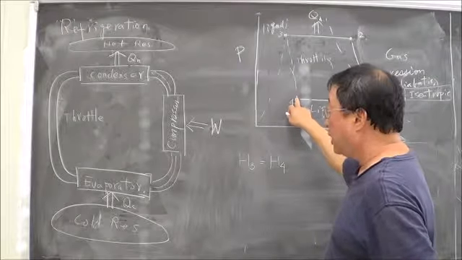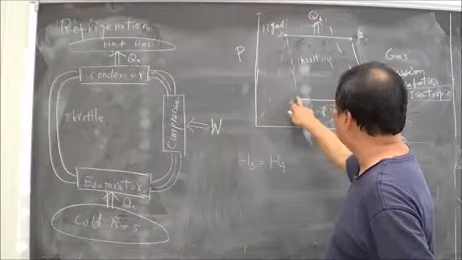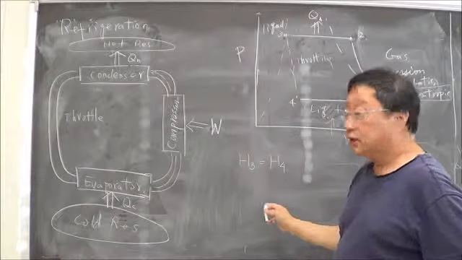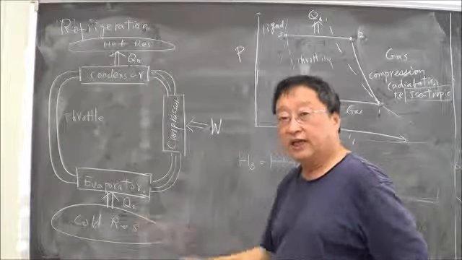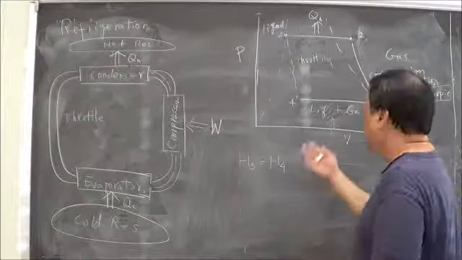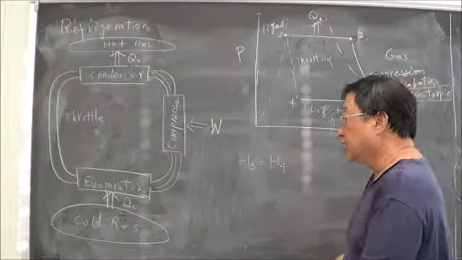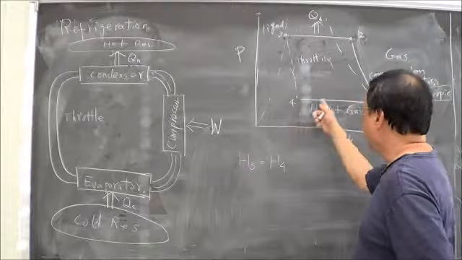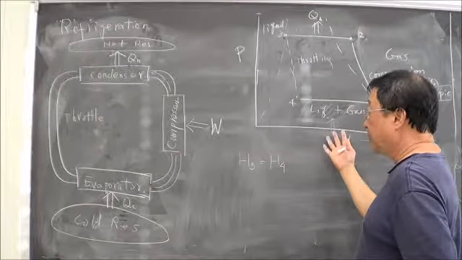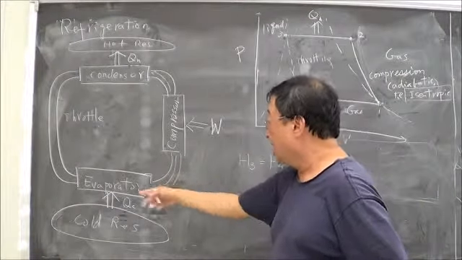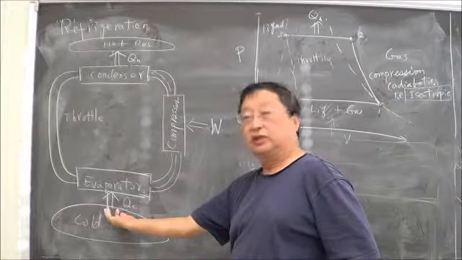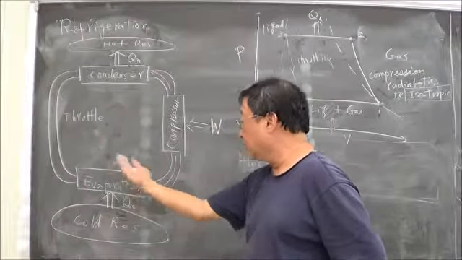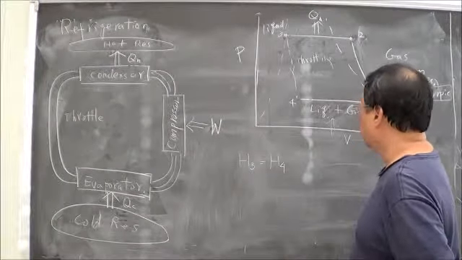So now from this point, you let it go into the evaporation. The liquid here is going to evaporate, and during that evaporation it absorbs heat and becomes a gas, but the temperature here is going to be the same. It becomes a gas and comes over here, and during this time it absorbs the heat, and that is your QC.